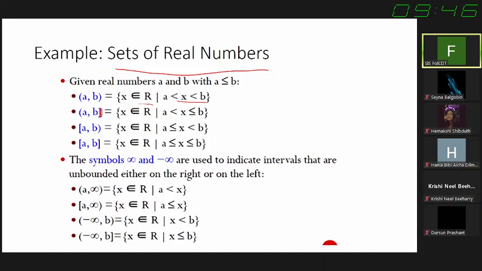The square bracket on this one. What does that mean? X is less than or equal to B, so from A till less than or equal to B, okay? That means it will include B in there.